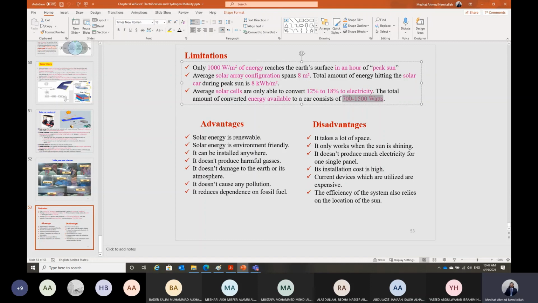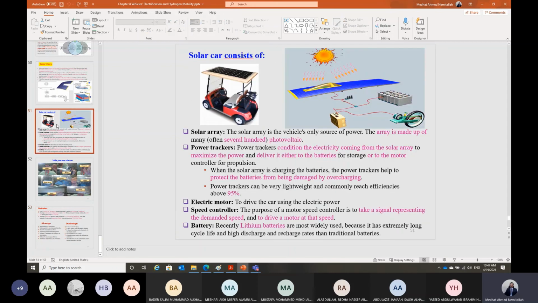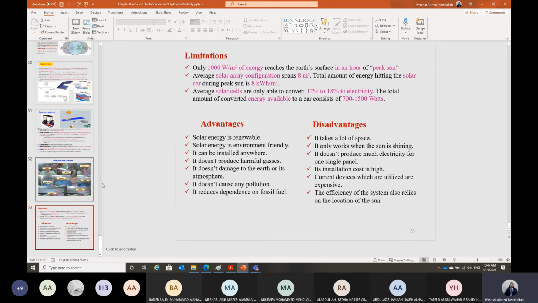This is a very low amount of energy that can be input to the car, so this is a huge limitation. We also cannot have this car responding to load variation. This is something tiny, and I think it will not go into deep application. This is something for some very small uses in campus or something.